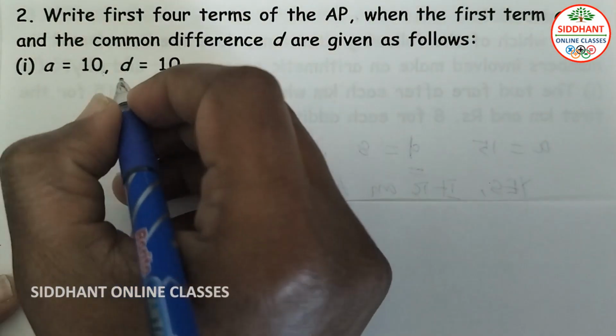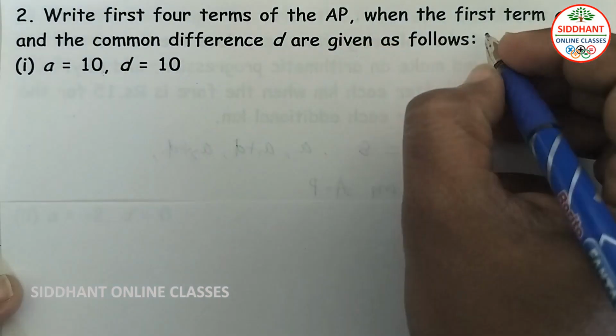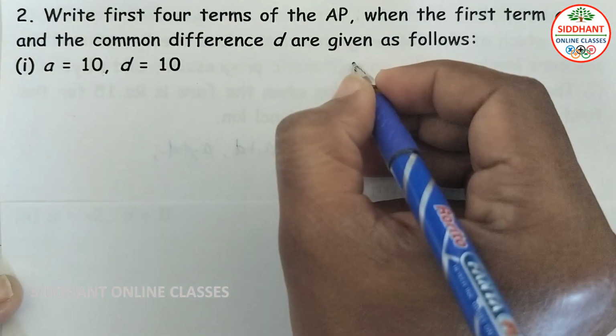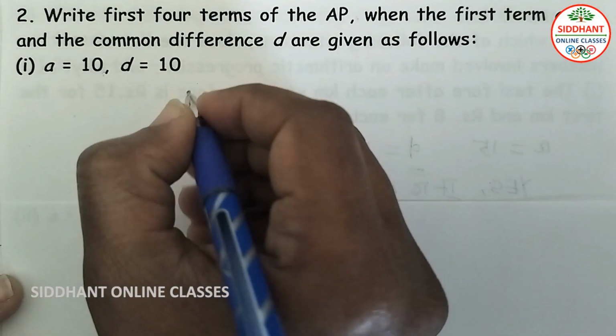Question number 2. Write first 4 terms of the arithmetic progression when the first term A and the common difference D are given as follows. First one, A is 10, D is 10.